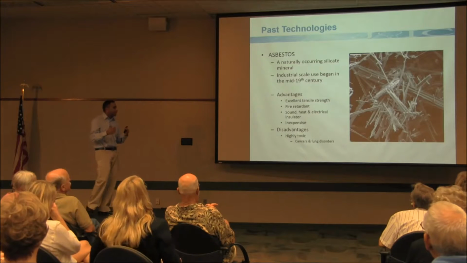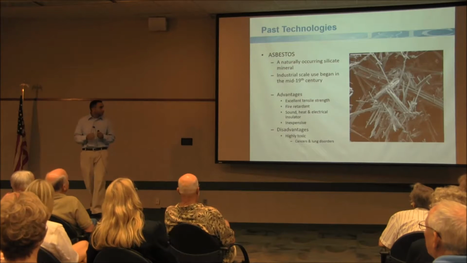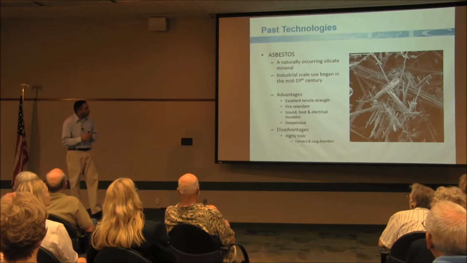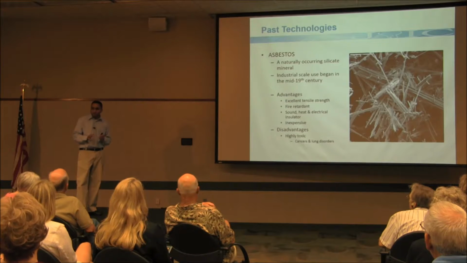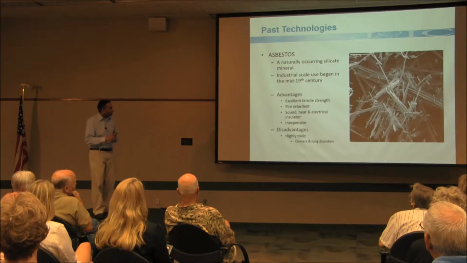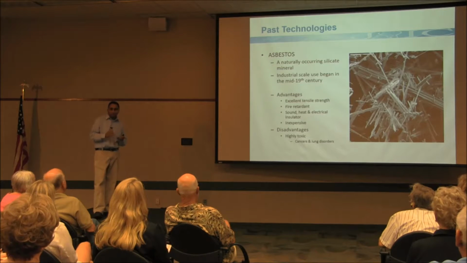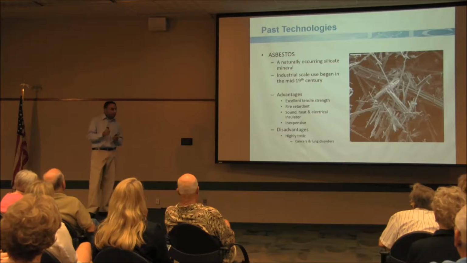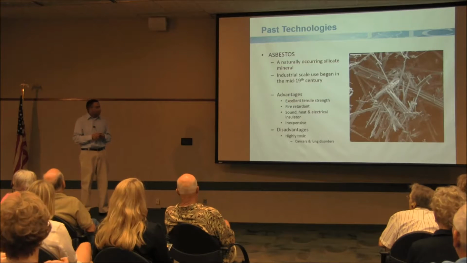So let's take a step back to past technologies. Two in particular that I'm going to be talking about: one is asbestos, which is a naturally occurring silicate, which got wide use in the mid-19th century. The advantage of asbestos was that it had excellent tensile strength.